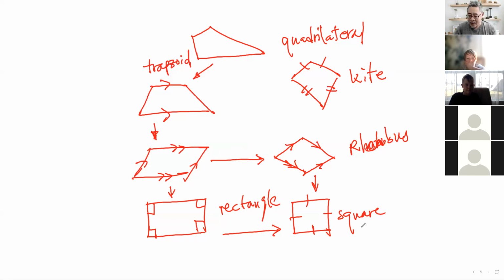Okay, let's move on. So we're going to learn something about when we're talking about a polygon, how do we measure it?